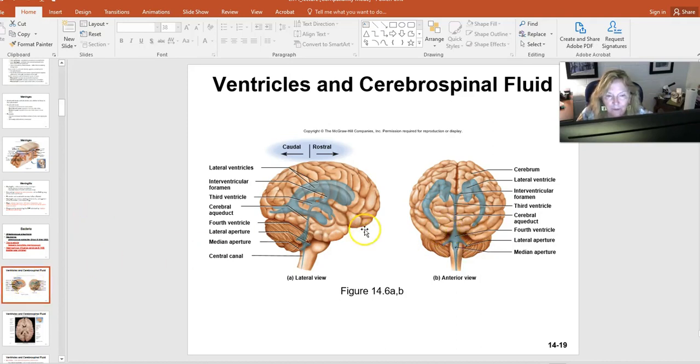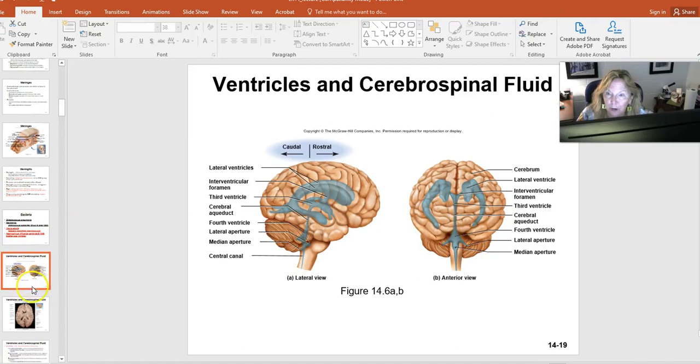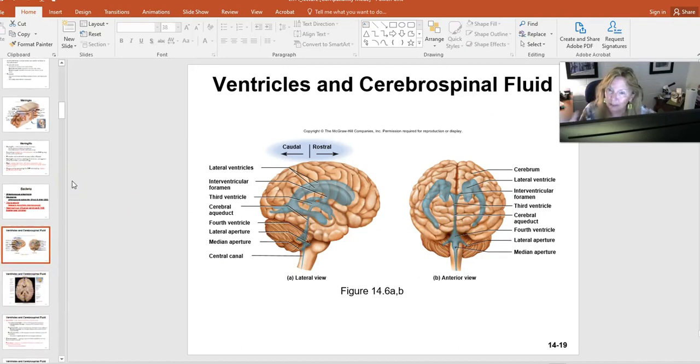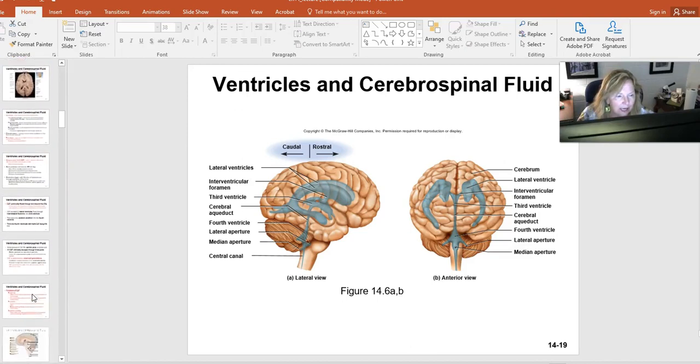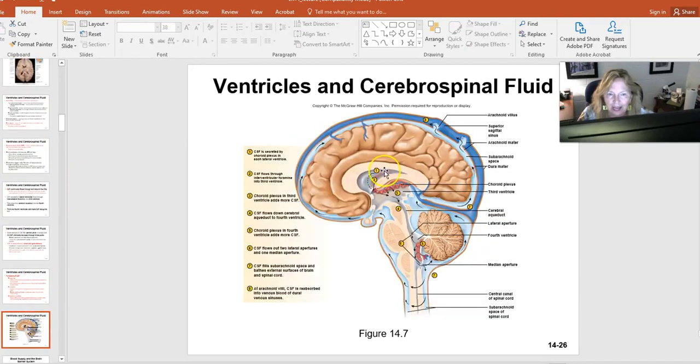These ventricles are where cerebrospinal fluid is bathing the brain. There's a slide here that shows you how the cerebrospinal fluid is moving and bathing the brain.